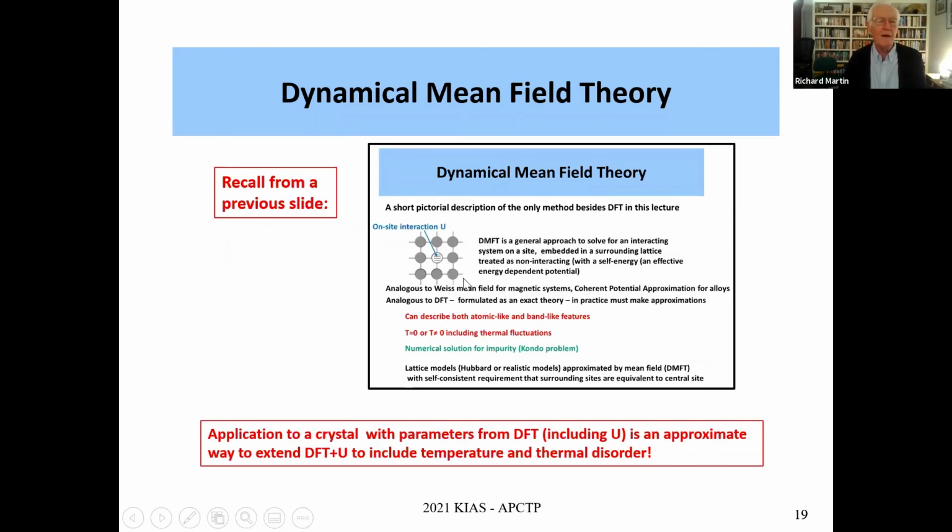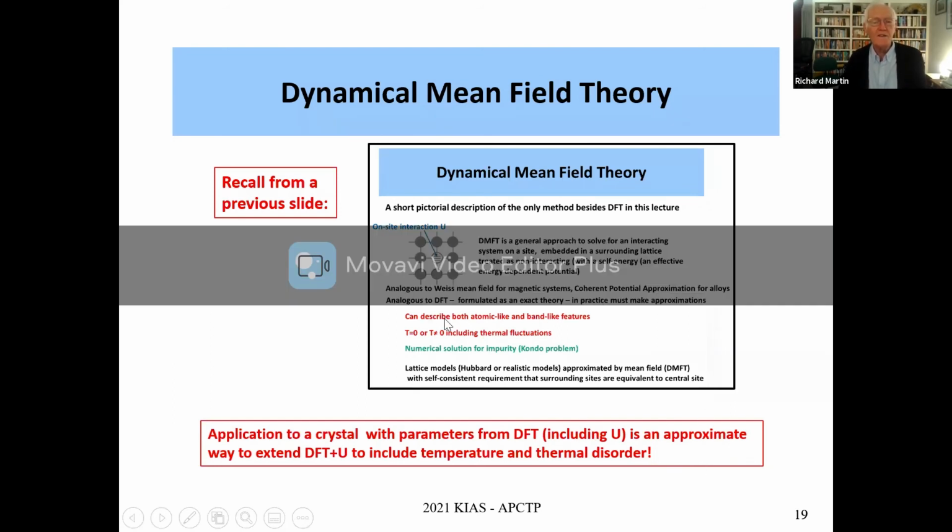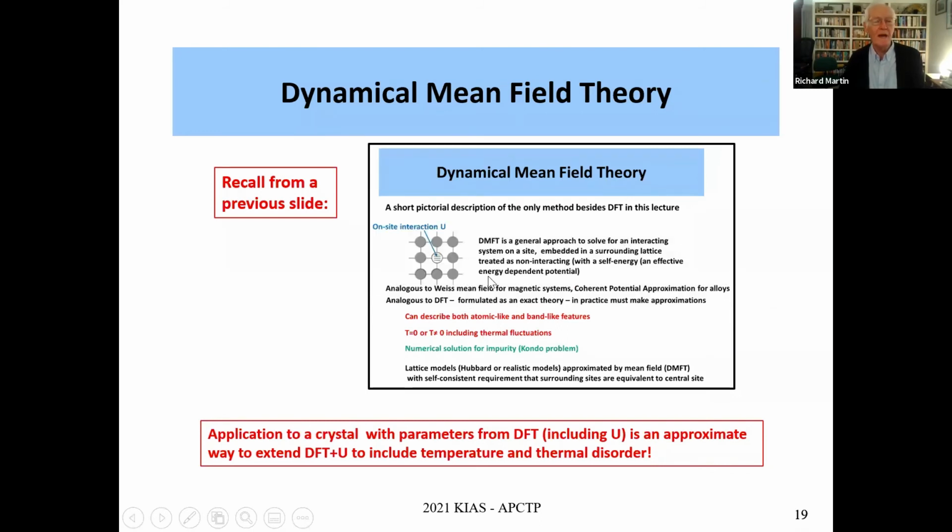If you take the parameters from density functional theory, including the U, then in fact this is doing the calculation in a way that treats the interaction more properly, and it treats it in the situations when the system is disordered thermally.